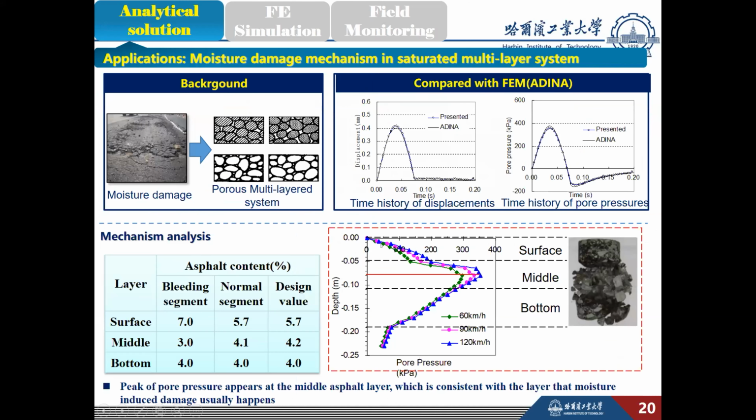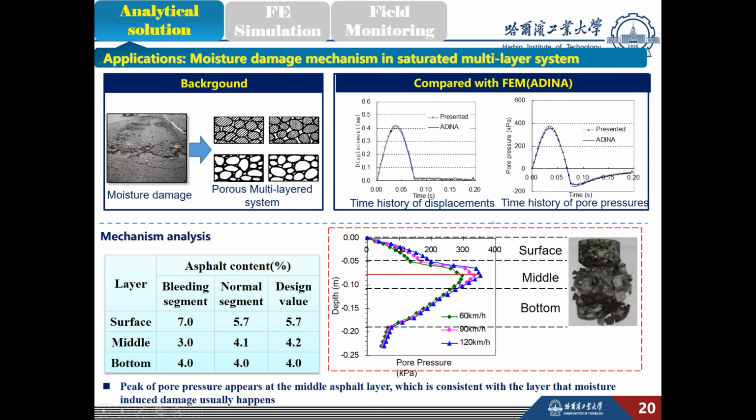Another application is the interpretation of moisture damage for asphalt pavement. One of the primary reasons for moisture damage is the repeated water scouring within the asphalt layers.